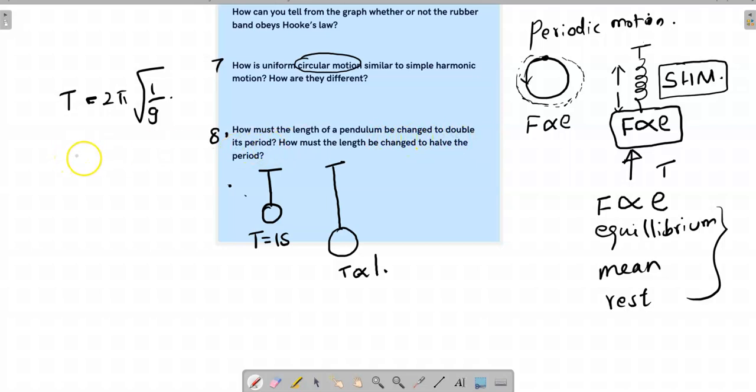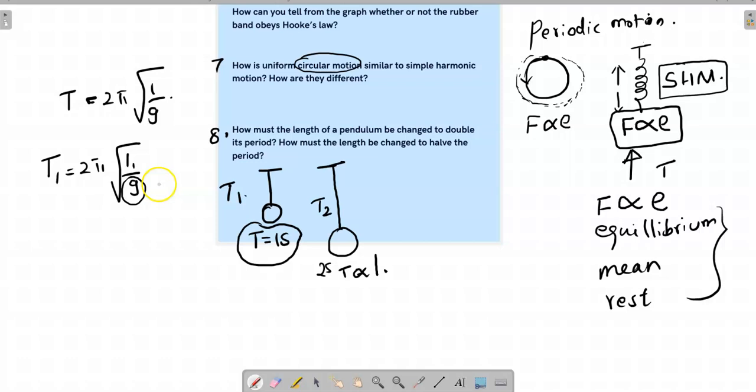So we want another formula, because the 1 second you can take as T1, and the 2 seconds you can take as T2. So you can write T1 is equal to 2 pi square root of L1 by g. g is constant because we are doing the experiment in the same place. T2 is equal to 2 pi square root of L2 by g.